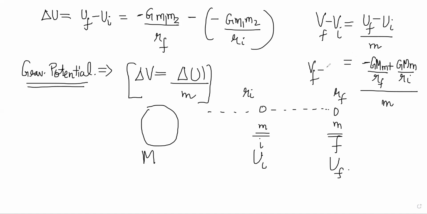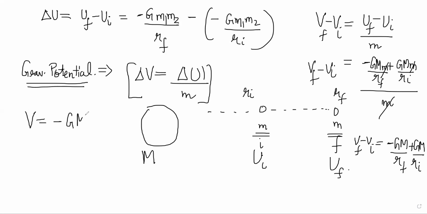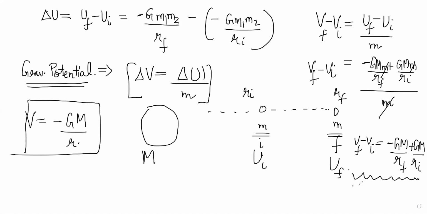So that becomes Vf minus Vi, and small m gets cancelled throughout, so Vf minus Vi becomes minus G capital M by Rf plus G capital M by Ri. So you can define potential V as minus G capital M by R. If you put Vf and Rf and Vi and Ri, you will get the required relation.